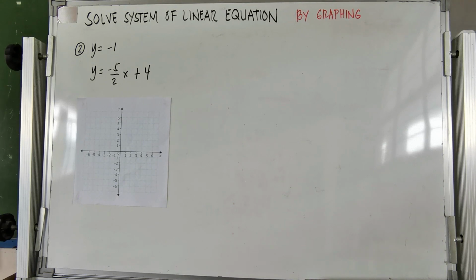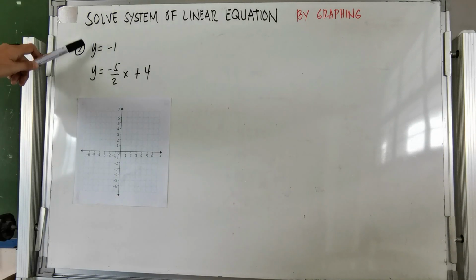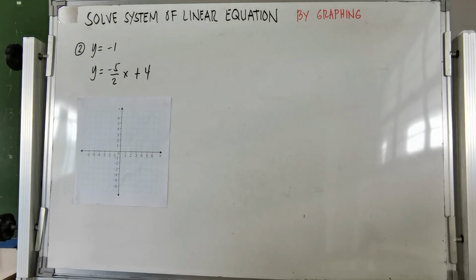So in example number 2, we have the system y is equal to negative 1 and y is equal to negative 5 over 2x plus 4. So diretso na tayo. So graph first our first equation. Kung mapapansin nyo, ang ating equation ay walang value ng x.